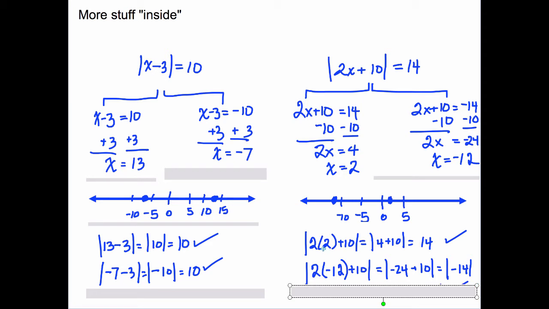The absolute value of 2 times 2 plus 10 is equal to the absolute value of 4 plus 10, which equals 14. That's correct. And here, the absolute value of 2 times -12 plus 10 is equal to the absolute value of -24 plus 10, which is equal to the absolute value of -14, which does equal 14, so we're good.